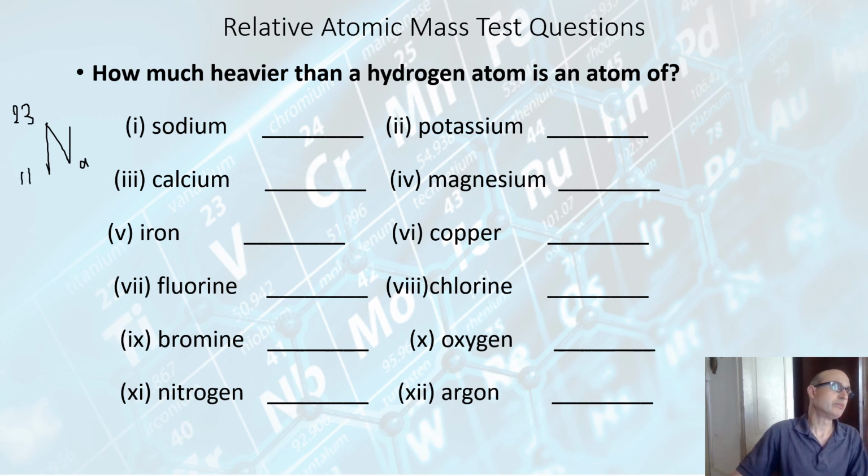The larger number is the relative atomic mass, so we can give that a relative atomic mass of 23, and the atomic number will work out to be 11. If we look at iron, the relative atomic mass is 56. Calcium will be 40, and so on.